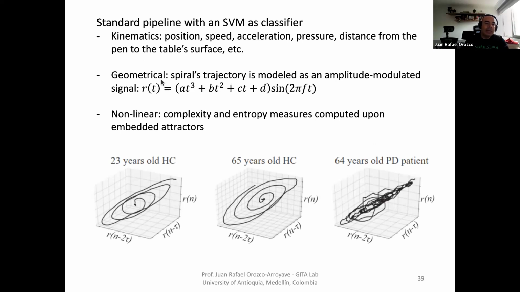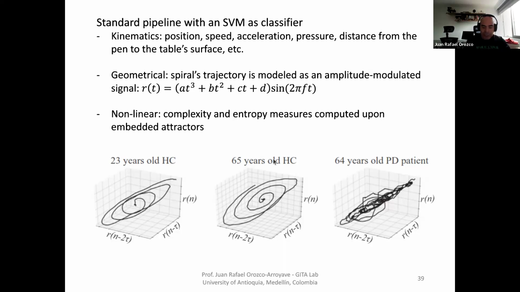And for the geometrical, it was a comparison of how deviated these polynomial parameters, A, B, C, and D, were in healthy controls versus Parkinson's patients. And for nonlinear approaches, we basically measured the shape of all of these figures: the distance between different trajectories, how regular those trajectories are, and also the entropy associated with these embedded attractors.